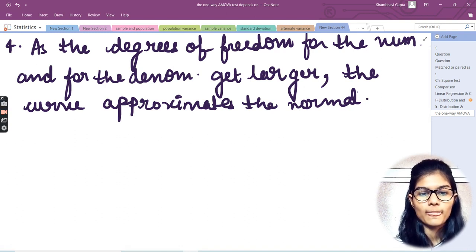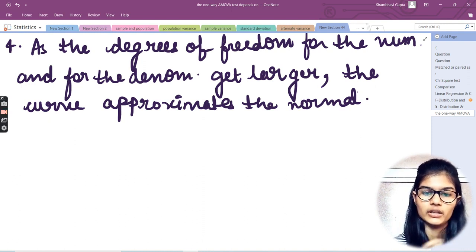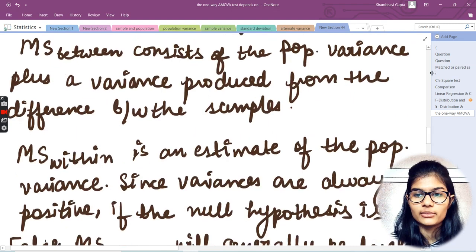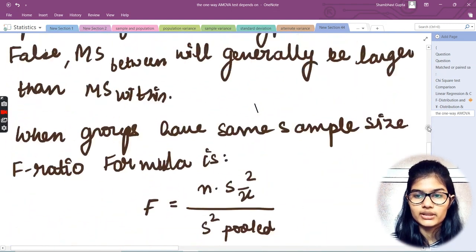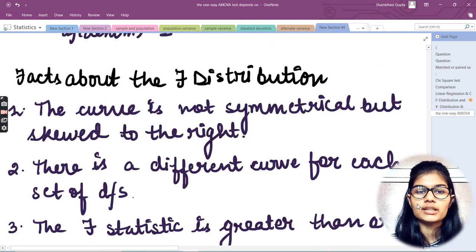Now we have graphs as well, which help us display some information. As I mentioned about the skewness of the graph, let me take the cursor in hand. I told you that the curve is not symmetrical but skewed towards the right.